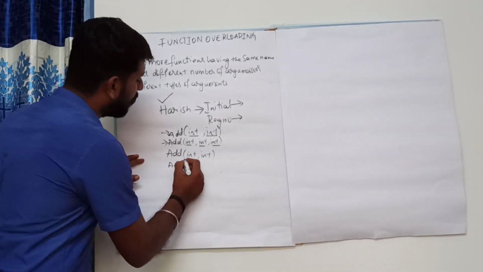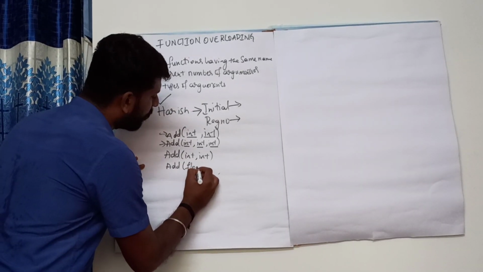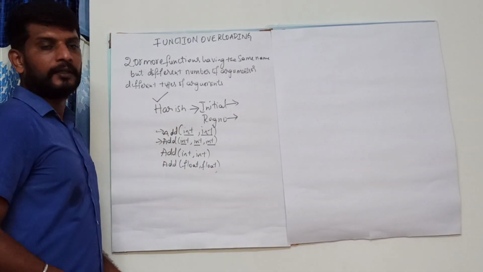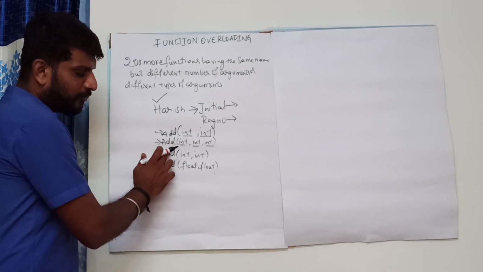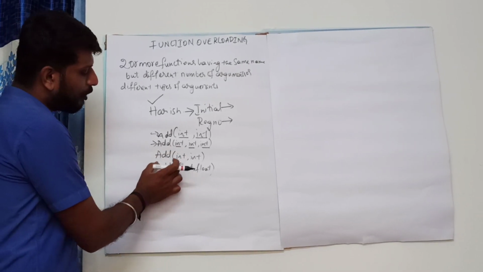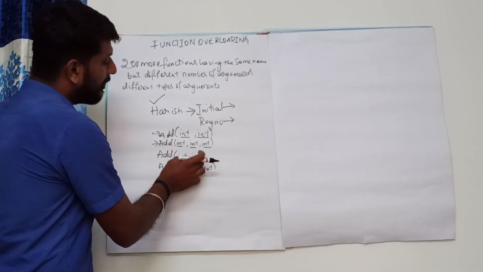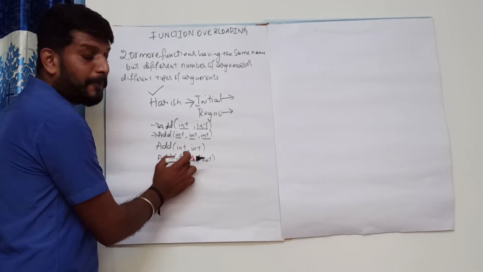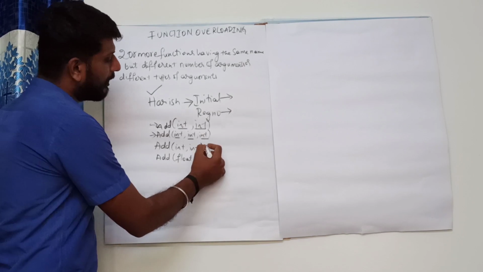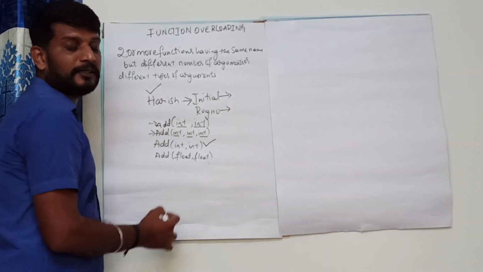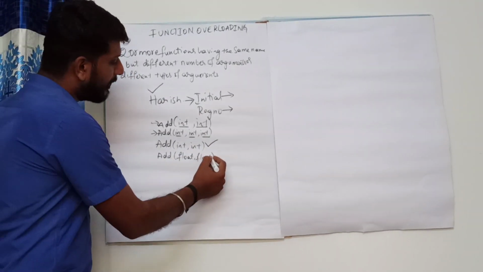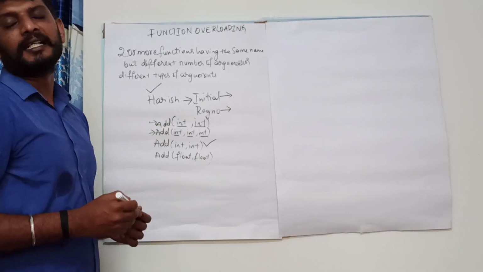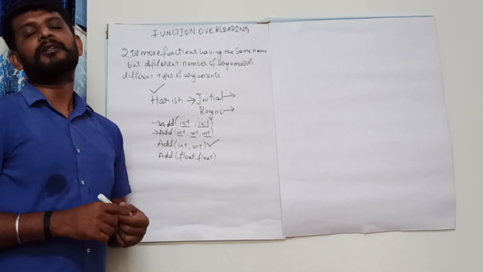At that time you will pass 2 floating point numbers as arguments. Now in this case there are 2 functions, the number of arguments is the same but the type of arguments is different. In the first case both the arguments are integer kind, in the second case both the arguments are float kind. So this is the actual definition of function overloading.